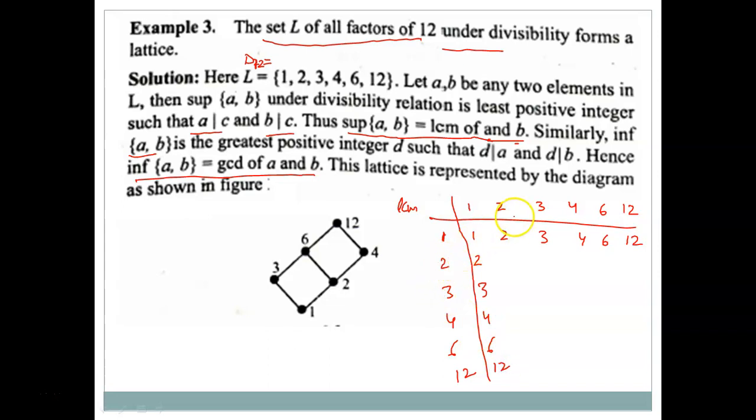Now I take the LCM of 2 with 2, which is 2; 2 with 3 is 6; 2 and 4 is 4; 2 and 6 is 6; 2 and 12 is 12. 3 and 2 is 6, 3 and 3 is 3, 3 and 4 is 12, 3 and 6 is 6, 3 and 12 is 12. 4 and 2 is 4, 4 and 3 is 12, 4 and 4 is 4, 4 and 6 is 12, 4 and 12 is 12 again. 6 and 1 is 6, 6 and 2 is 6, 6 and 3 is 6, 6 and 4 is 12, 6 and 6 is 6, 6 and 12 is 12.